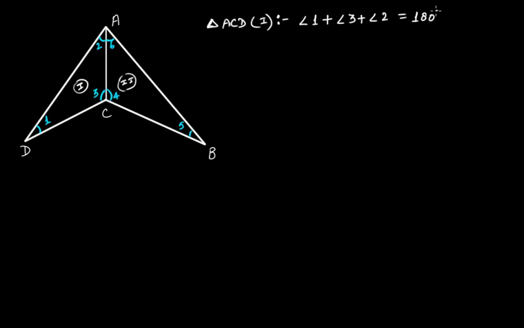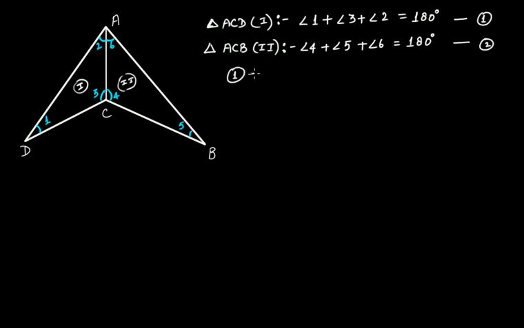That is the angle sum property of the triangle. Then from triangle ACB or ABC, that is triangle 2, you have angle 4 plus angle 5 plus angle 6 is equal to 180 degrees. Now let us name this equation 1 and this equation 2.